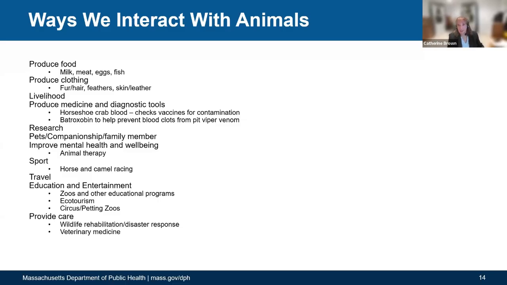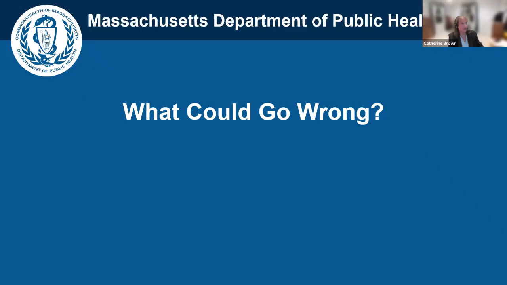I didn't talk a lot about the fact that many of us have pets that we share our homes with. There's animal therapy, also something I didn't specifically mention. And then, of course, because of the type of interactions we have, there's veterinary medicine as well, right? So doctors to care for those animals that we spend so much time with.